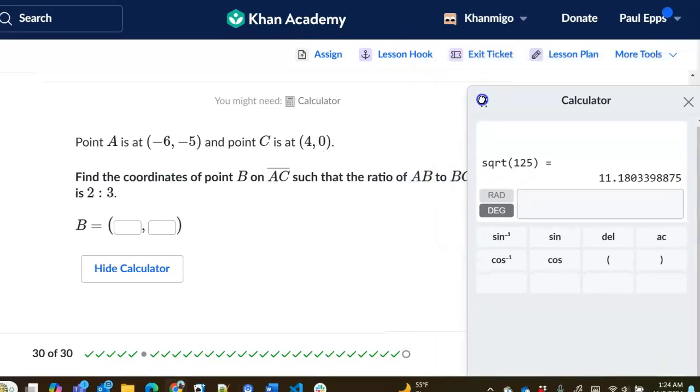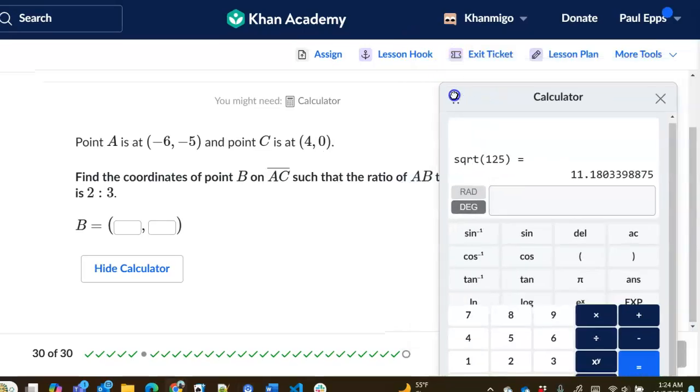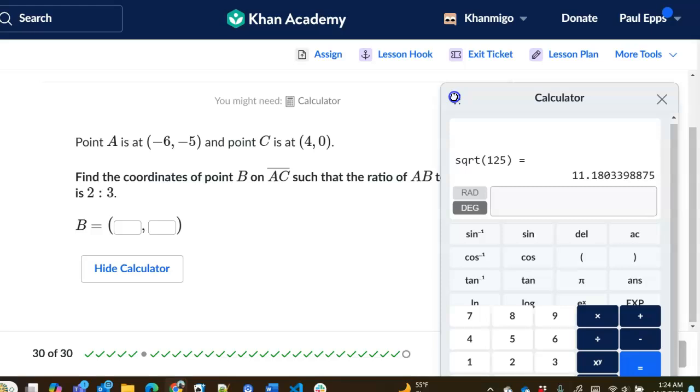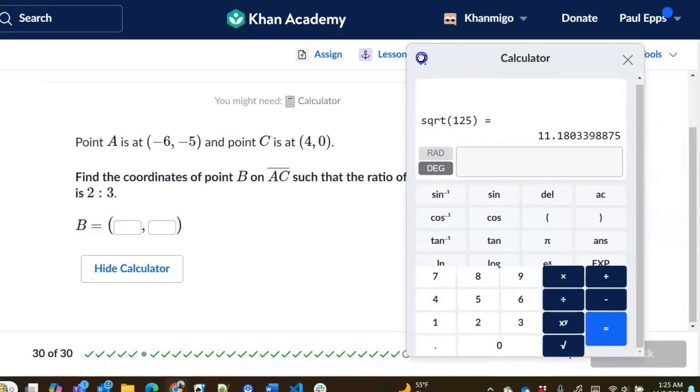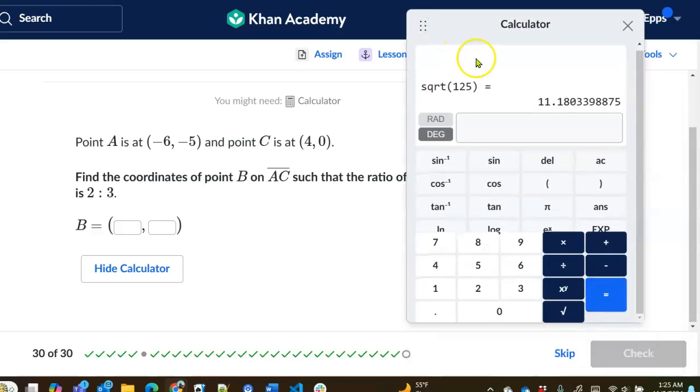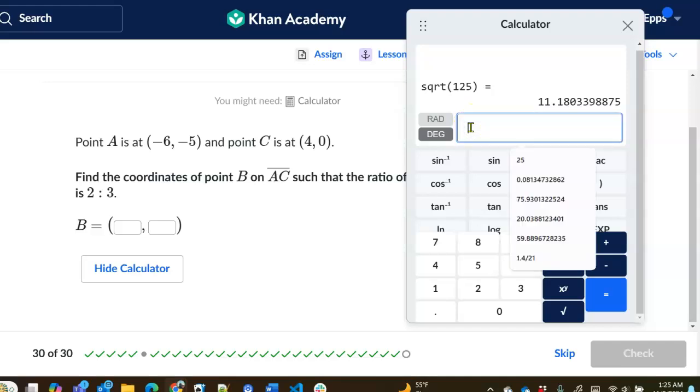Okay, so we've got the calculator here. We're trying to find the coordinates of a point that divides a line segment into a given ratio, and we can use the section formula. We have to do it twice, once for the x coordinate and once for the y coordinate.